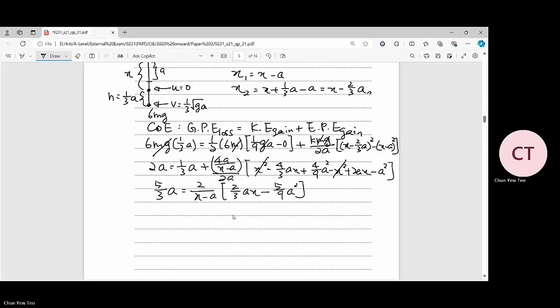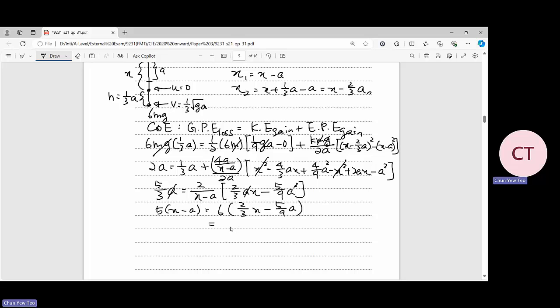Okay. Yeah. Then we can cancel the a. You will get this one as the 5x minus a equal to the 6 of the 2/3x minus the 5/9a. Okay. So we just expand this.